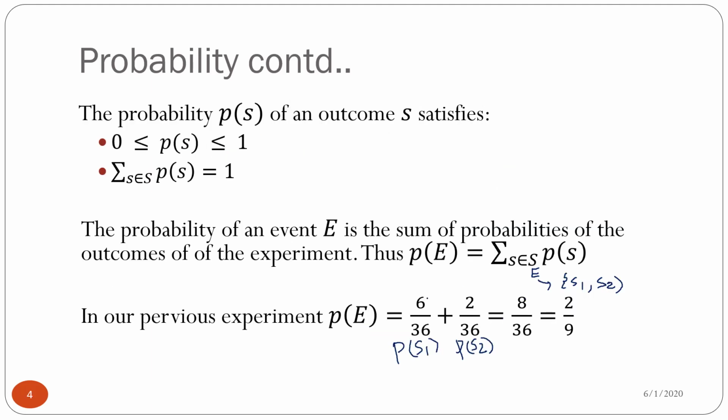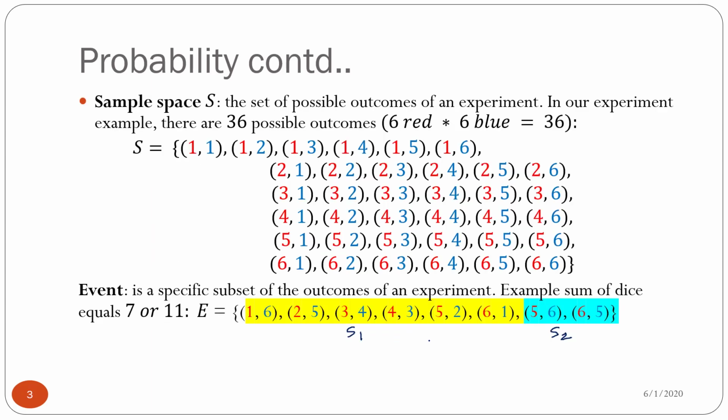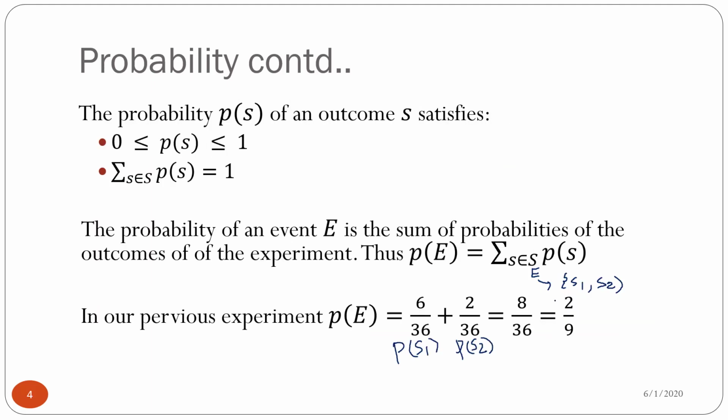Therefore, the first term is 6 by 36. And how about outcome S2? There are 2 cases, so that is 2 by 36. The sum is 8 by 36, and the probability of the event E is 2 by 9.